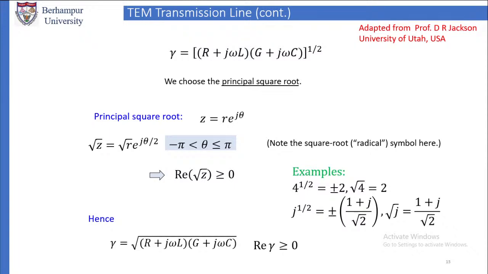This we now consider for gamma. So real gamma will be greater than or equal to 0, because gamma is the square root of another complex number. Therefore the real part of gamma will be greater than or equal to 0. Or we can say we are considering the principal square root for gamma.